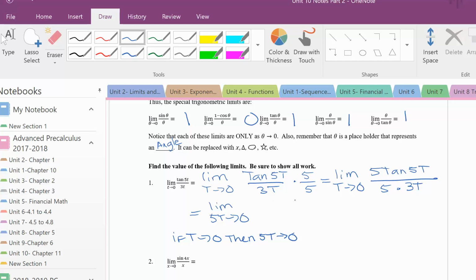So that allows me to split this up as the limit of tangent 5t over 5t times the limit as t approaches 0 of 5/3, because the 5/3 would be the leftover. And since I know that the limit of tangent theta over theta is equal to 1, and then the limit of 5/3 is 5/3, therefore this is equal to 5/3.